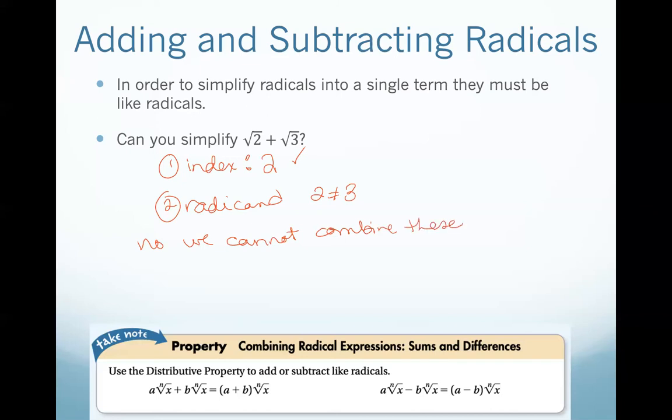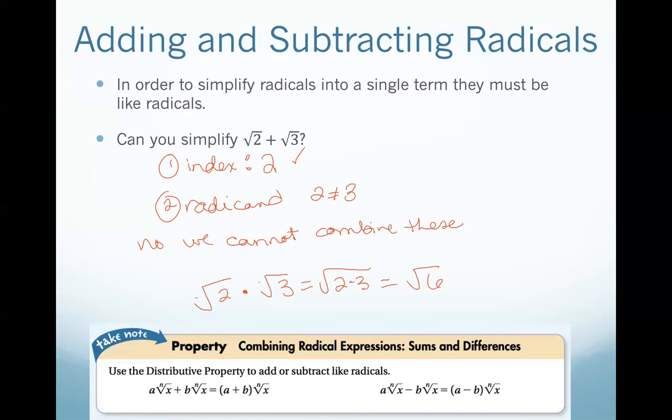Okay. The most common mistakes that I see are trying to combine the same index but different radicands, because we do have some scenarios when we can combine that. If I had the square root of 2 times the square root of 3, same index, so we can write this as the square root of 2 times 3, or the square root of 6.